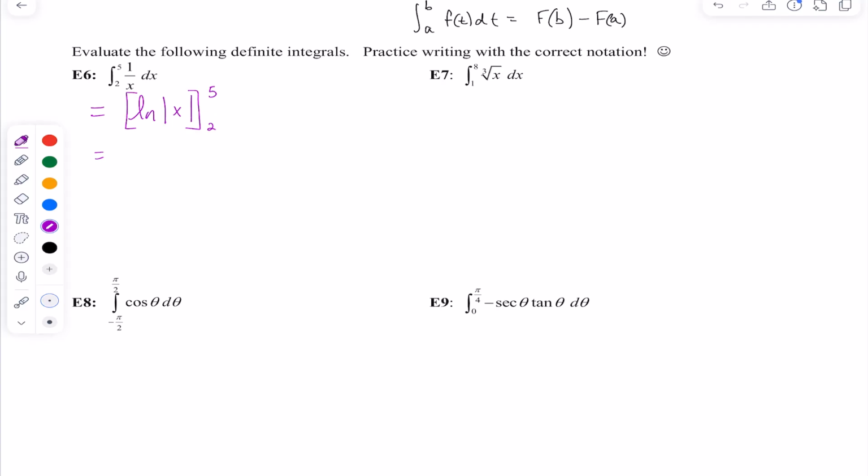This is the difference of two accumulation values, namely the antiderivative evaluated at the higher value minus the antiderivative evaluated at the lower value.